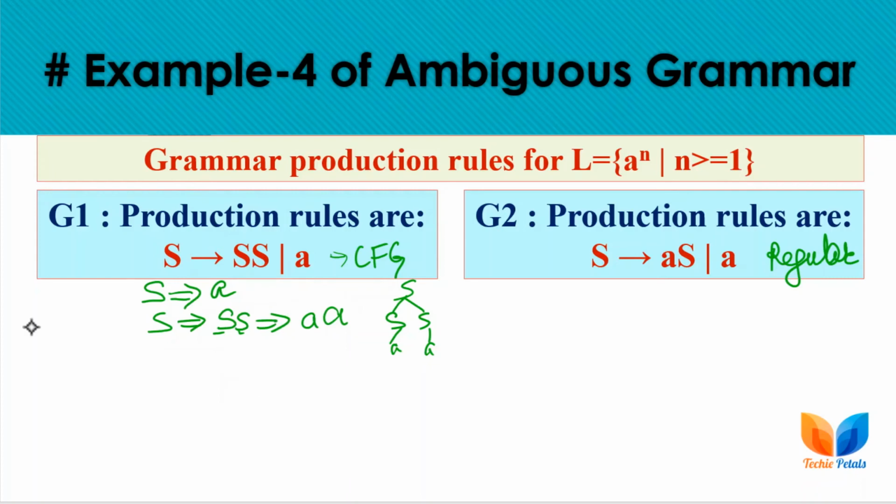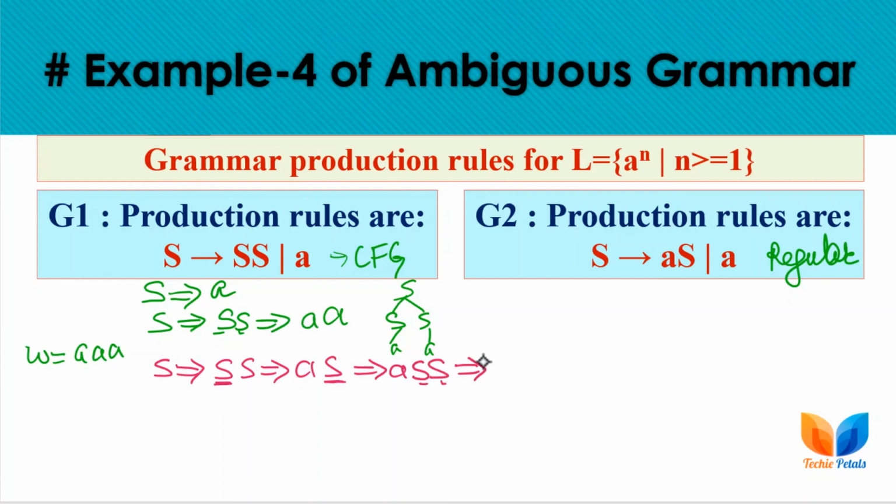So let's try for the string w equals aaa. For this grammar we have derivations of this type. Either we replace this with a, and then replace this with S S, a S S, and then derive aaa, right? Or we can go with the second production rule, replace it with S S, and then rewrite all S with a.